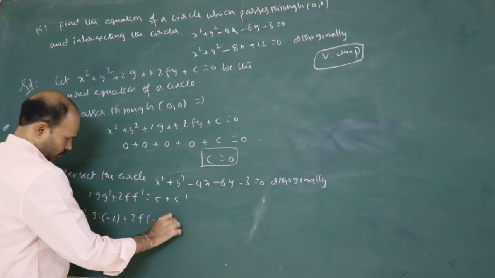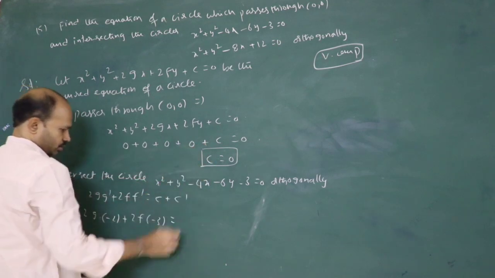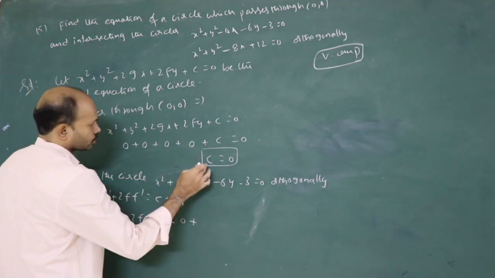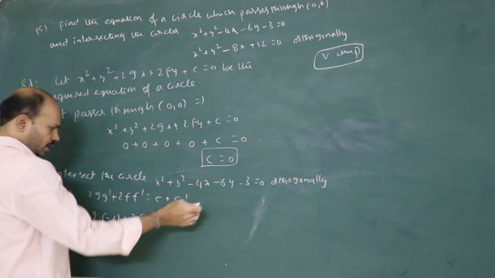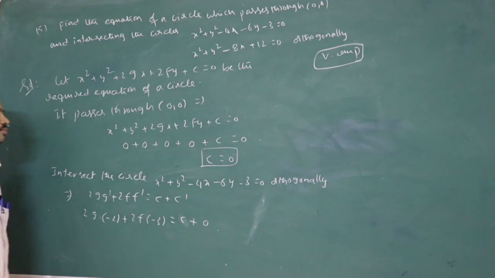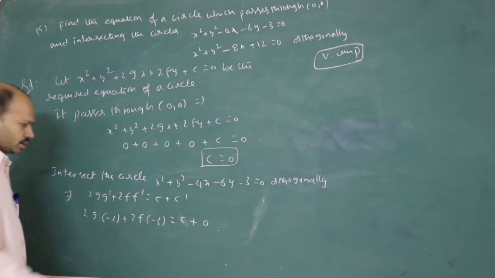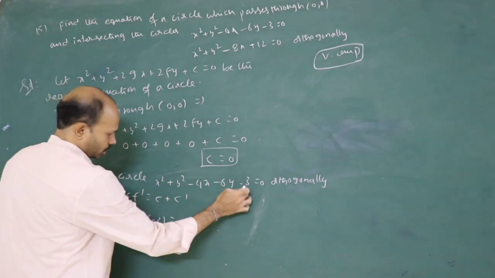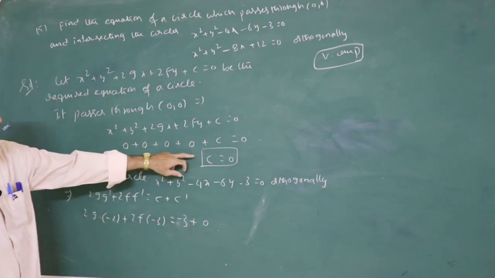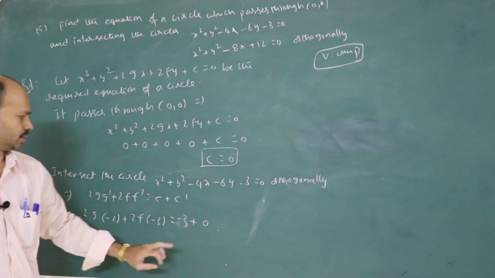Minus 3. c must be 0, so c plus c dash is c itself, and c dash is equal to minus 3. We have to find the c value. This is 0. c plus c dash: one is 0 and one is minus 3. c is 0 and c dash is minus 3.